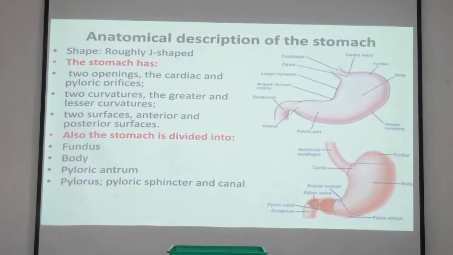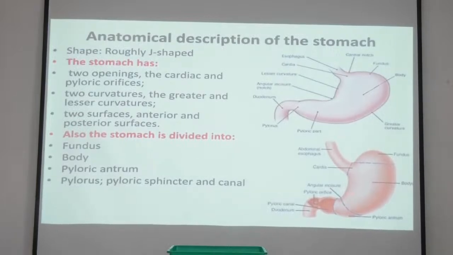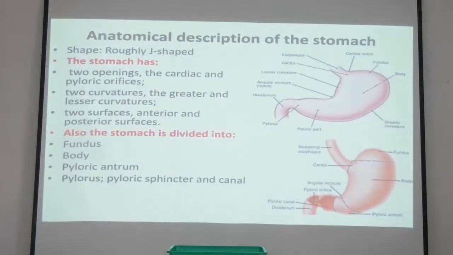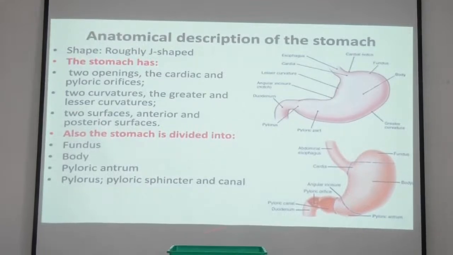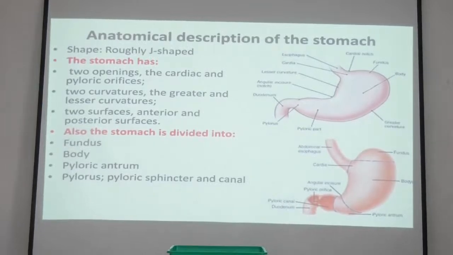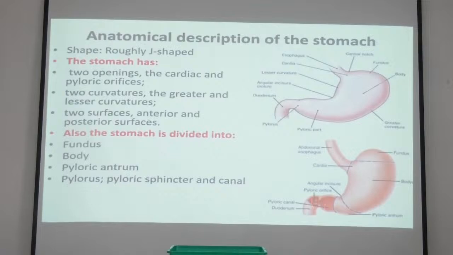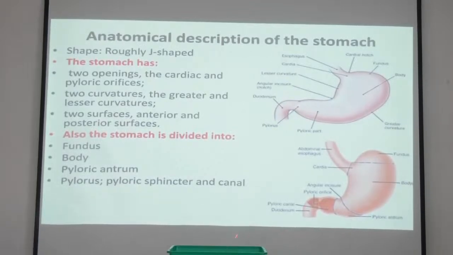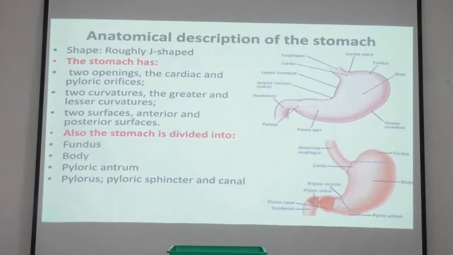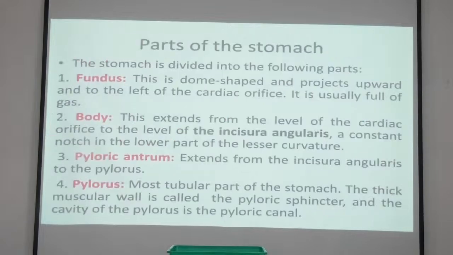From the cardiac orifice up to the incisura angularis, this region is the body of the stomach. Then this part is the pyloric antrum. After that, pylorus. Pylorus means pyloric sphincter, the thickened circular muscle layer, and pyloric canal, through which food passes from stomach to the first part of the duodenum. So these are four parts you have to say: fundus, body, pyloric antrum, and pylorus.